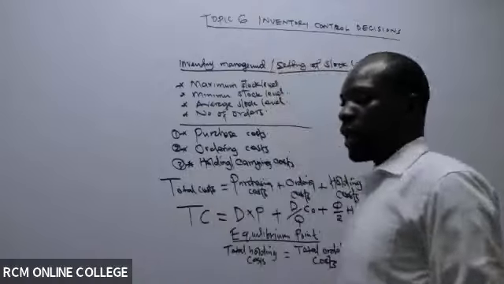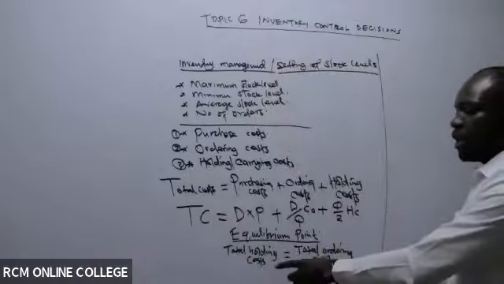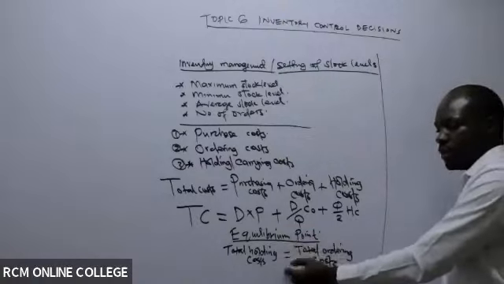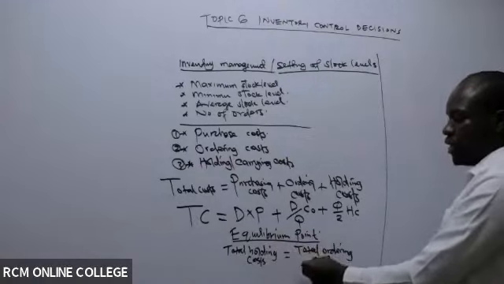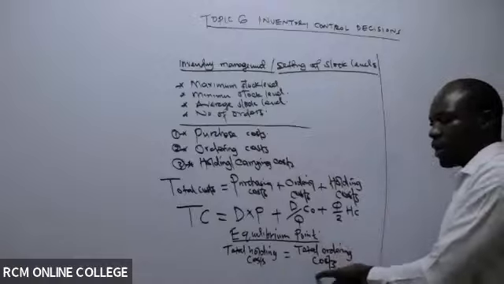So we expect the company to operate at equilibrium point. And at equilibrium point, total holding cost is equivalent to total ordering cost.